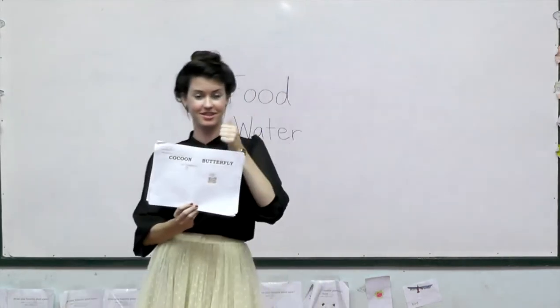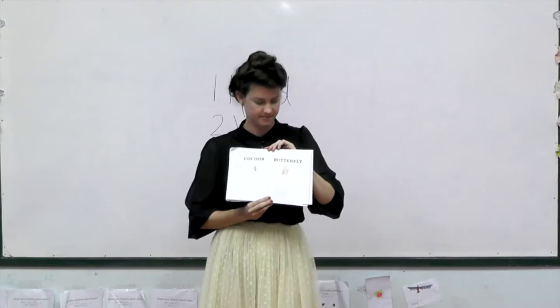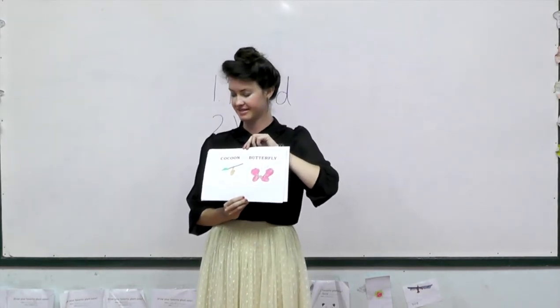Who did this one? It's cool. Very nice. Who made this one? Cool. What color is your butterfly? Yellow. Who made this one? What color is your butterfly? Pink. Who made this one? What color is your butterfly? Pink.